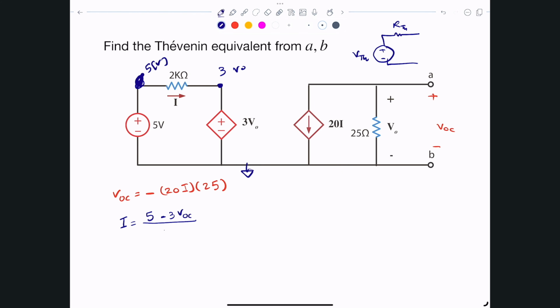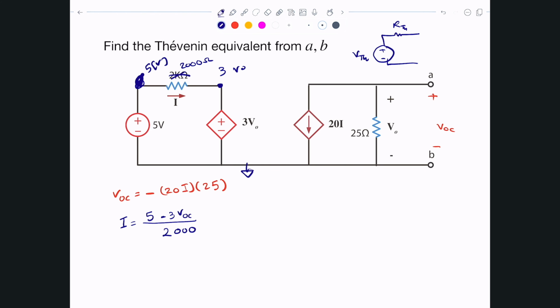All right, divided by 2 kilo ohms, but because this part is in ohms and this part is in kilo ohms, we need to adopt a convention. So I'm going to convert every kilo ohm to ohms, just so that we don't get confused. This is simply 2000 ohms, so we divide by 2000 so that the units are all correct.